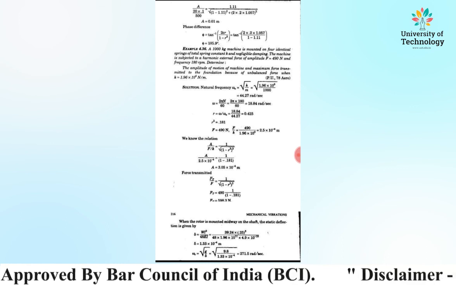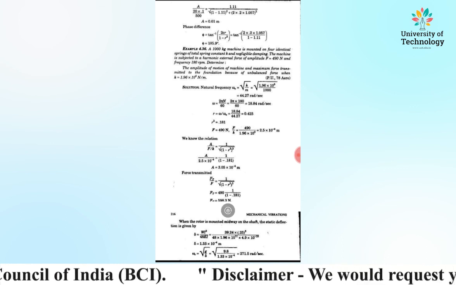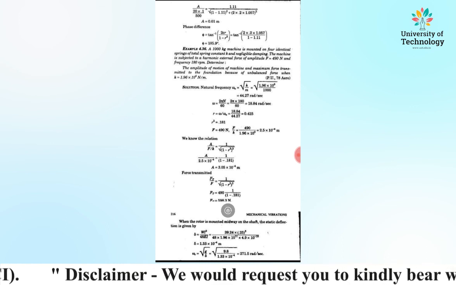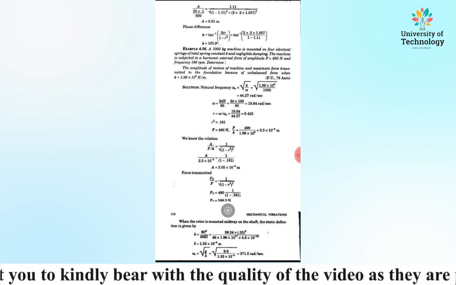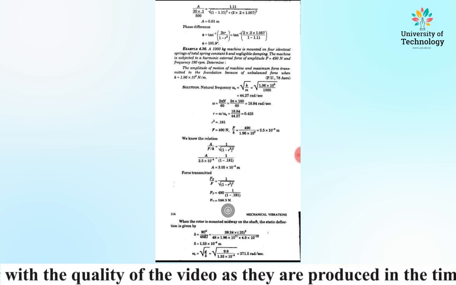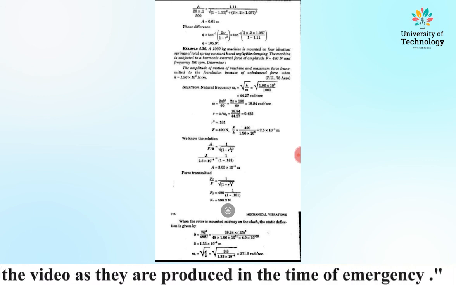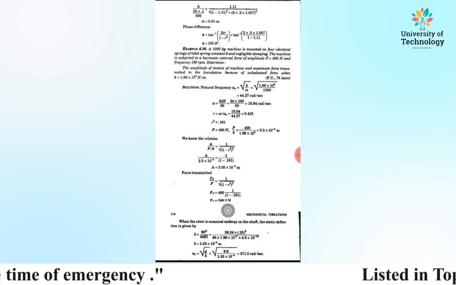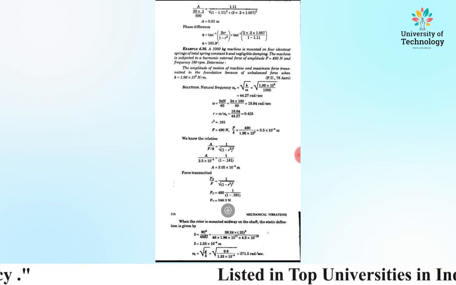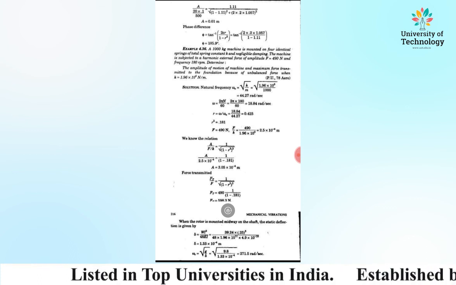And in case when the rotor is mounted midway on the shaft, the static deflection is given in the mechanics of solids. We can find the formula of deflection, that is equal to WL cubed upon 48 EI.